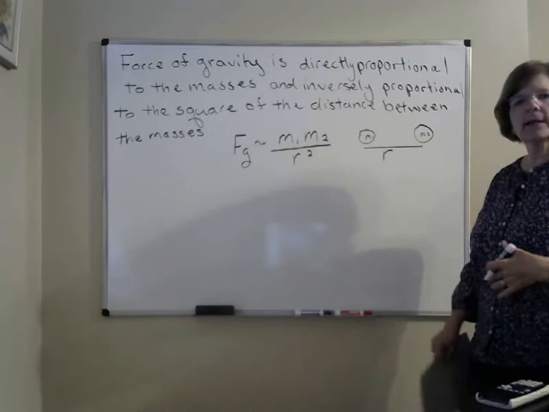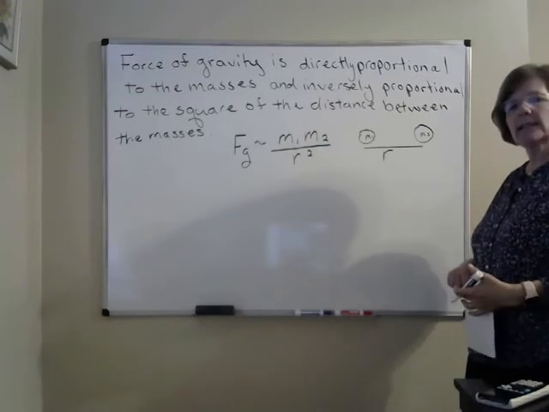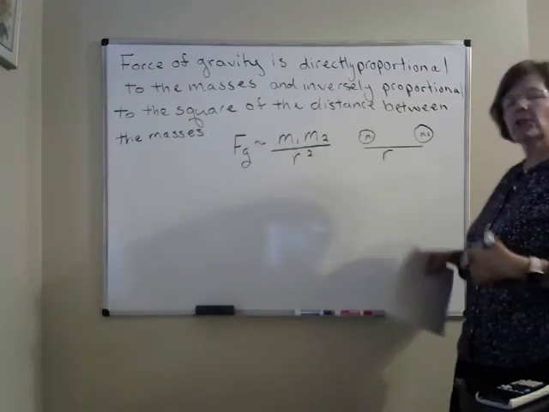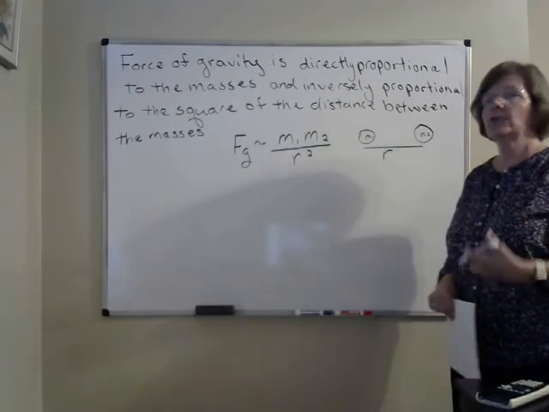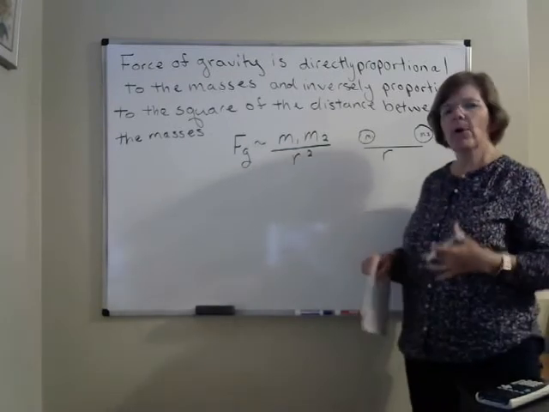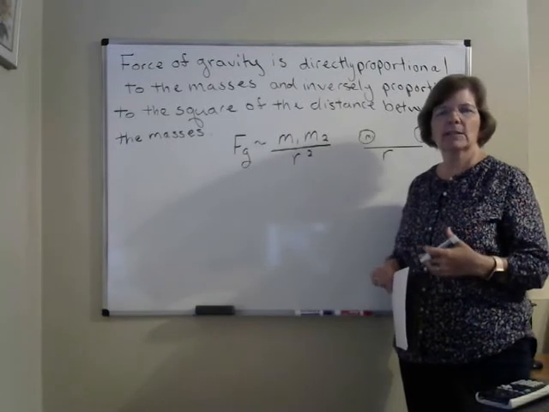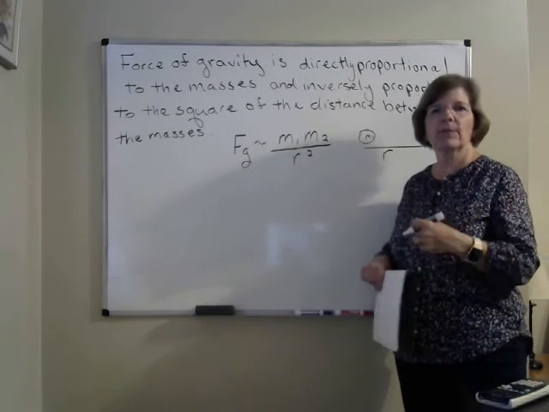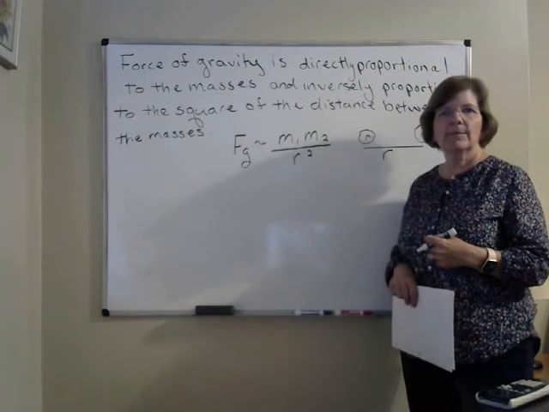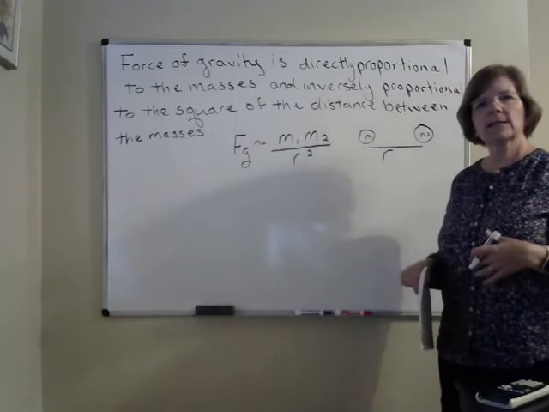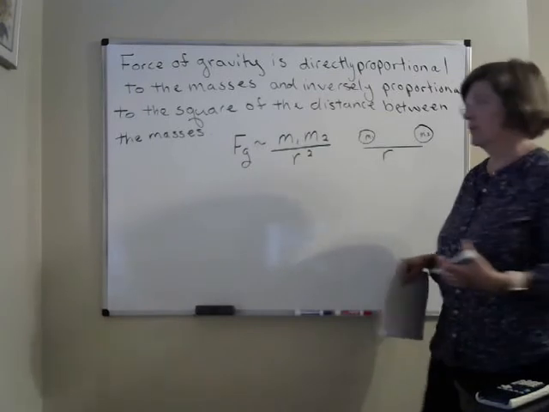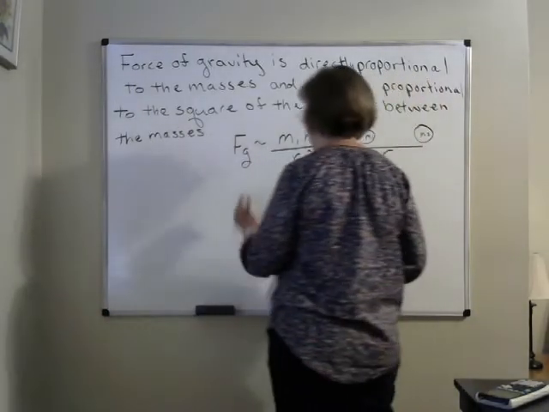There has to be a constant of proportionality to get an equation. That took a little time, and it took a man named Henry Cavendish. Newton had maybe a rough ballpark idea of what that constant was, but he really couldn't measure that gravitational constant. It wasn't until about 100 years later that Henry Cavendish calculated it.